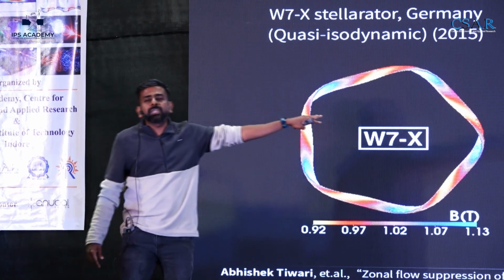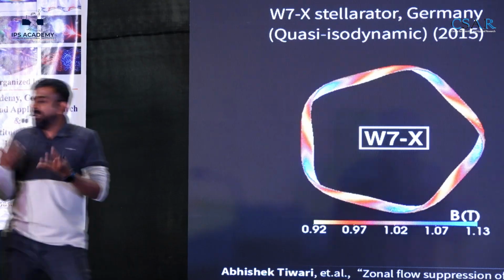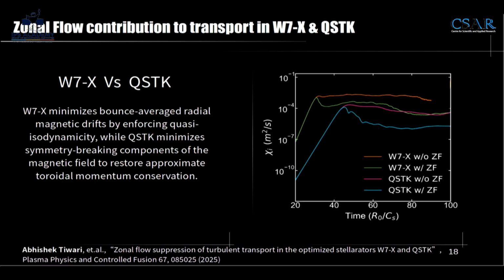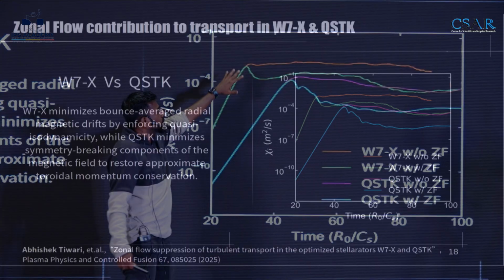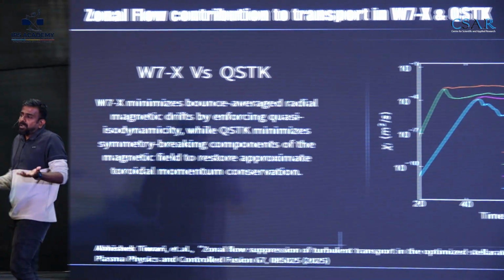But recently, they also came up with another design. So these are optimizations. They are trying to play around with how we can incorporate these symmetries back into the system so that it shows zonal flows just like a Tokamak. They want to get similar behavior to a Tokamak, and that's what they observe. So W7-X was already known, and QSTK was a new design which they are planning to build, I suppose.